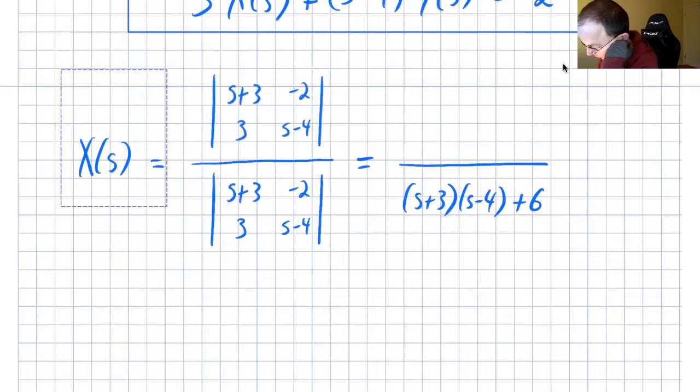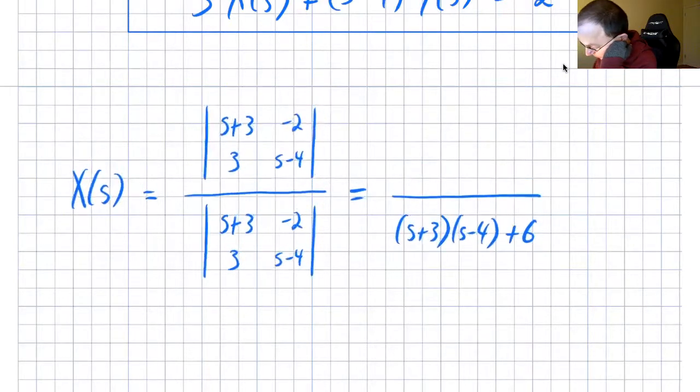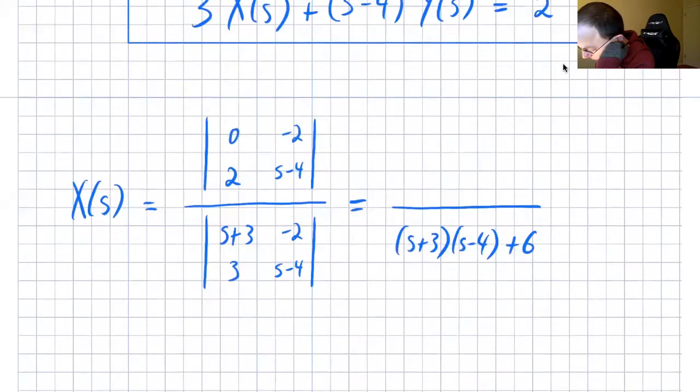I need to move this down a little bit to avoid that page break. In the top, we're going to replace the first column here with the right-hand side, 0, 2. So in the top, we're going to have 0 minus minus 4, so plus 4.